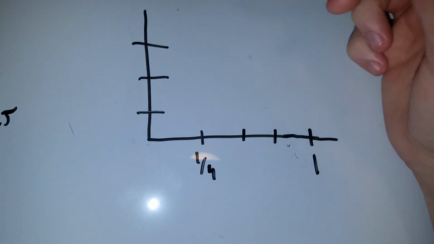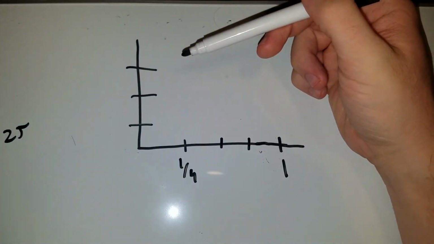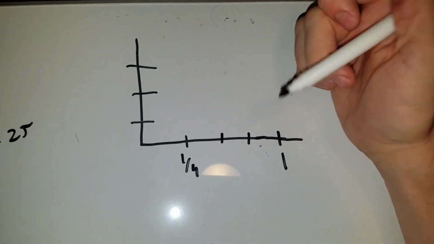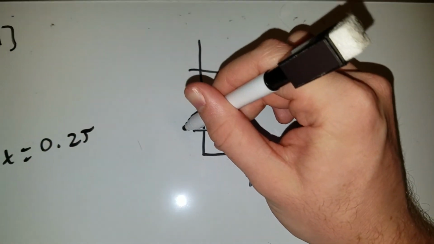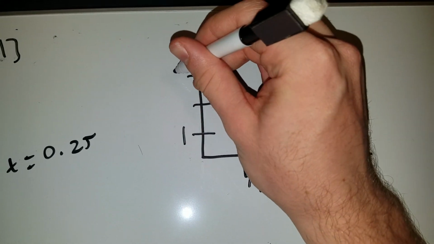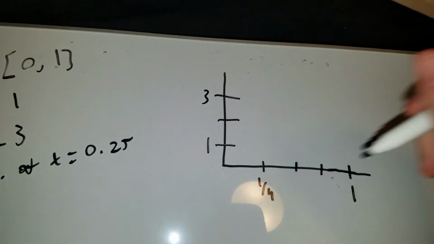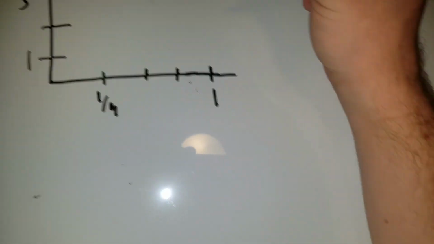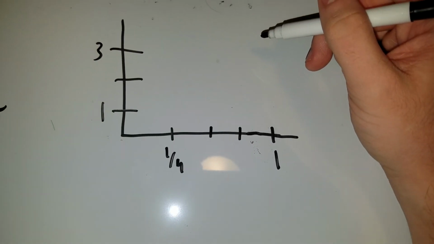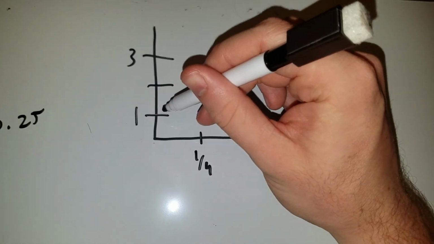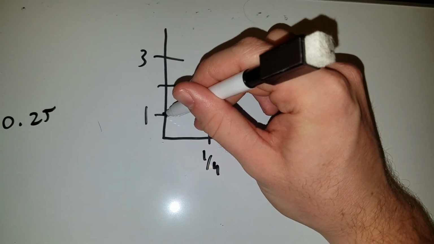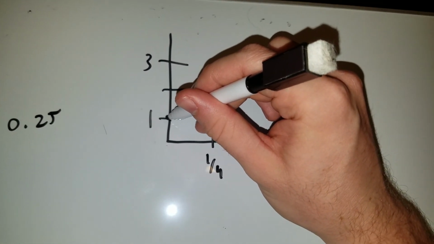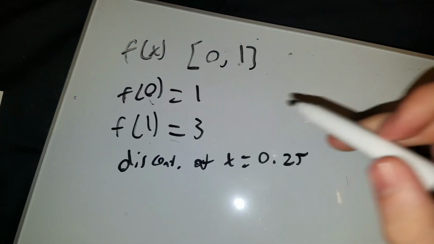So I have a sample graph here. I should probably do this so we know from 1 to 3. So we have 2 points that we know exist, which are 0, 1 right here, because f of 0 equals 1 and f of 1 equals 3.